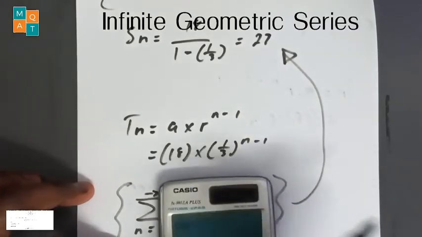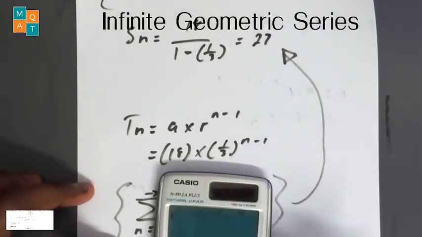Okay, let's keep on summing. Let's say from 1 up to 3, we've got 18 multiplied by 1 over 3, exponent x minus 1. We get 26. And then let's go further. Now let's see 4. Now we get 26.66.